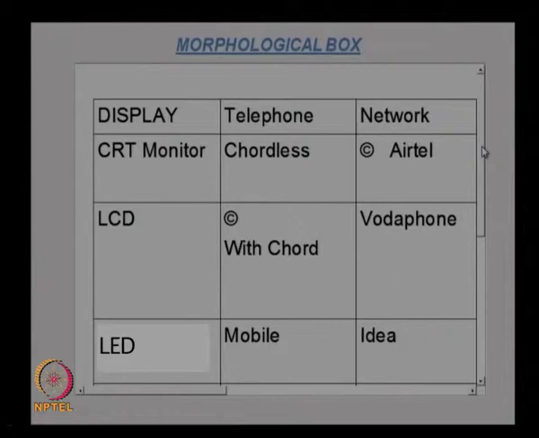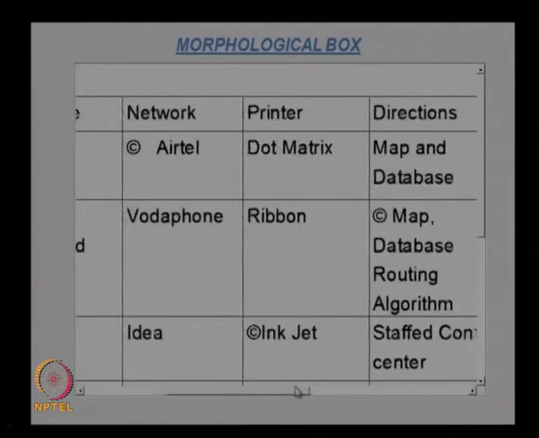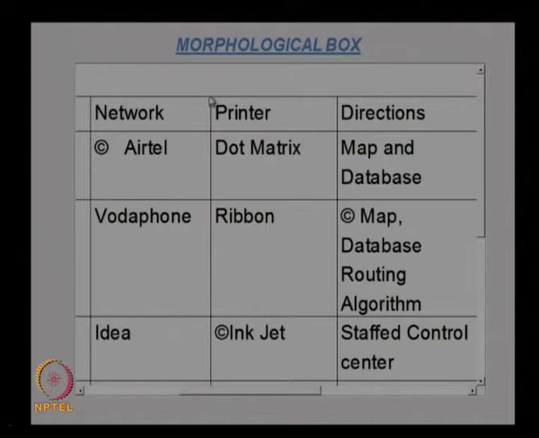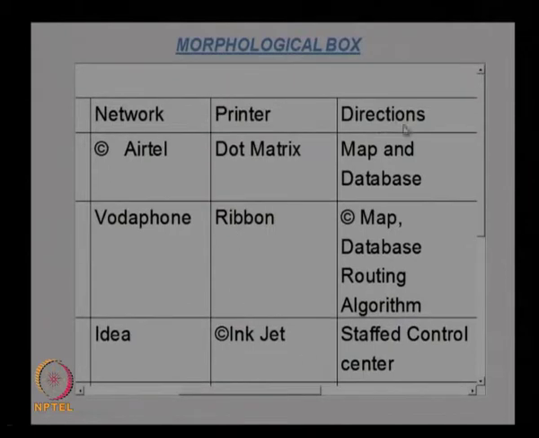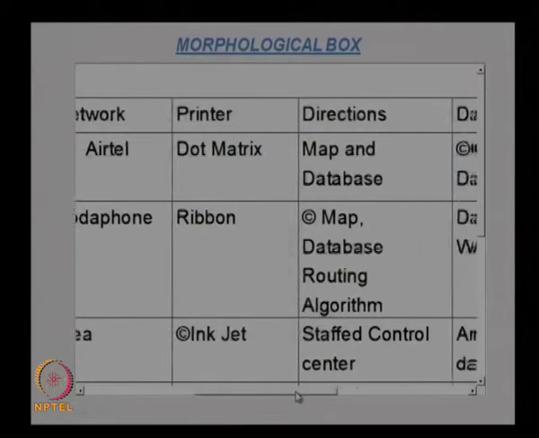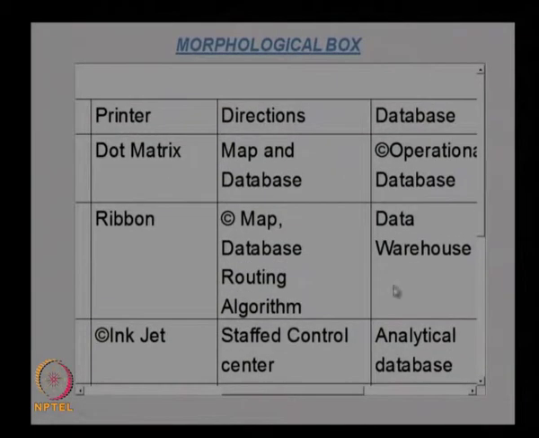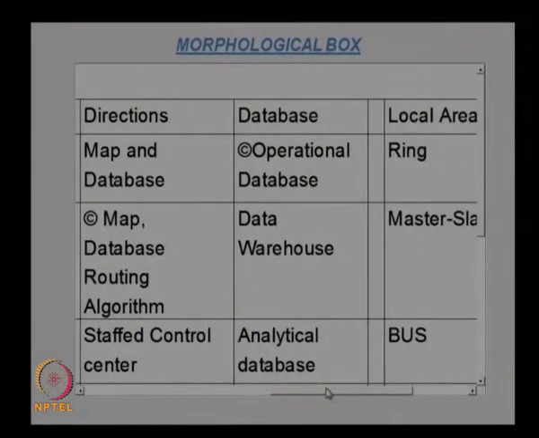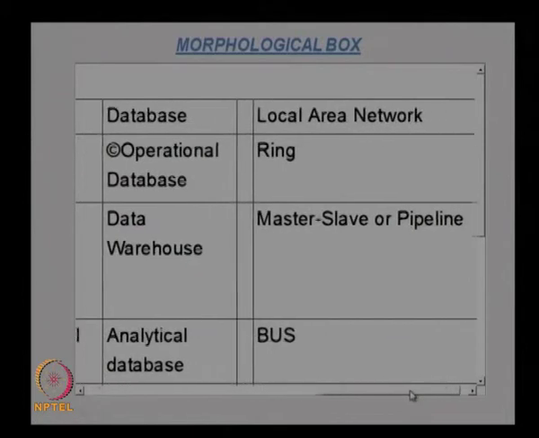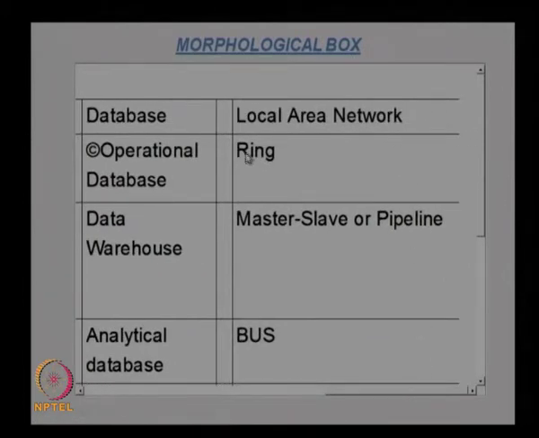You can have a network; various existing networks can be chosen, or you can have a dedicated network for the system. You can have different kinds of printers, inkjet or dot matrix. For the directions you can have different databases, or you can use already existing software or algorithms for this purpose, and the database can again be chosen from existing databases, or we can develop our own database. And then a local area network can be opted for based on the different options available.